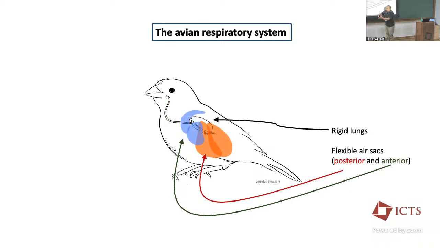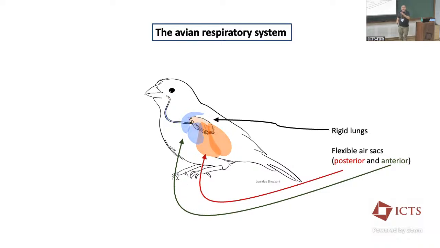When they increase the volume of this thoracic capacity, on one hand, air goes to the posterior air sacs, and the air that is in the lungs goes to the anterior sacs. And then when they compress the sacs, the air that is in the posterior sacs goes to the lungs, and the air that is in the anterior sacs goes outside.